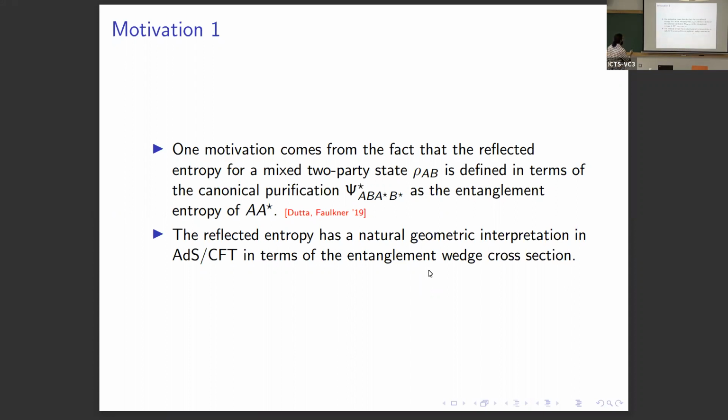For my purposes, I'm not going to talk at all about reflected entropy, but I thought I'd give you some reason to believe that this is one place where the canonical purification enters the discussion in AdS/CFT.